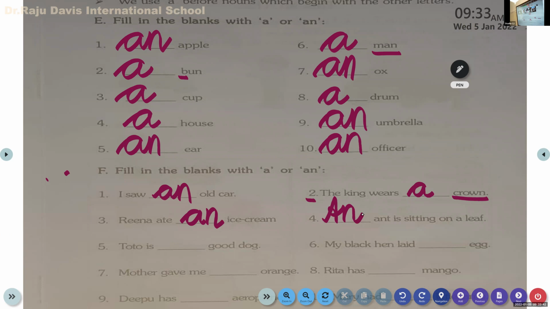Read the question. Good. What is this word? The fifth question. T-O-T-O. How do you pronounce the word? Toto. Very good. Toto is dash good dog.